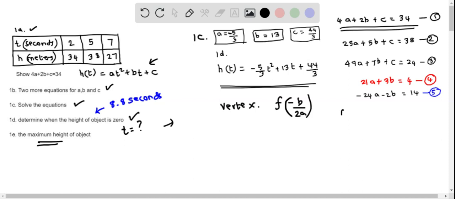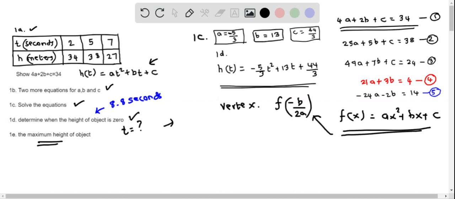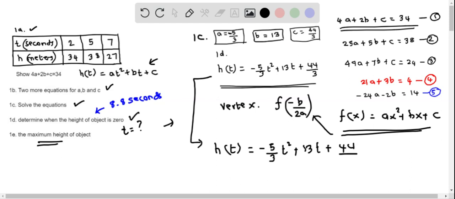Suppose the function is f of x equal to ax squared plus bx plus c. For this quadratic equation, the maximum value occurs at f of minus b by 2a. So we will find the maximum value for our quadratic model, that is h of t equals minus 5 by 3 t squared plus 13t plus 44 by 3.